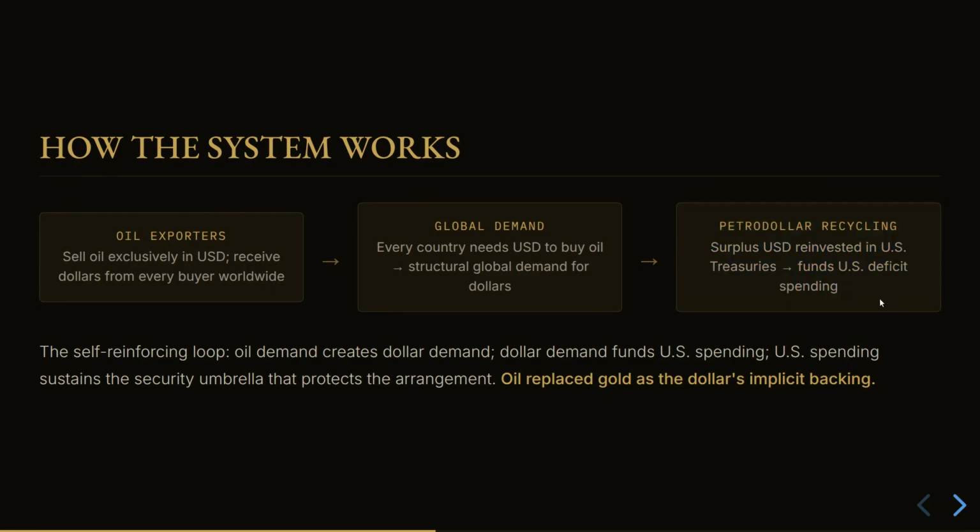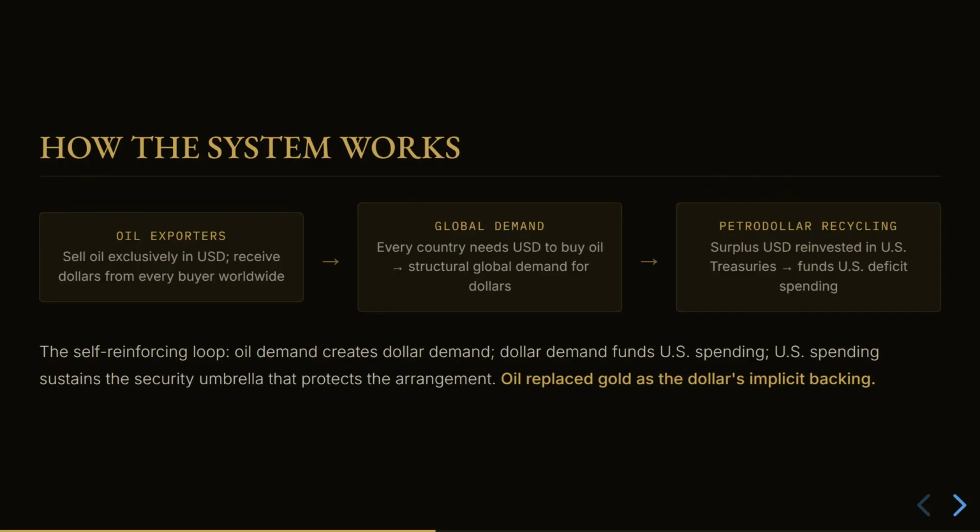So this strengthens the effects even more. Surplus US dollars are reinvested in United States treasuries, funds, US deficit spending, right? So now the United States can print as many US dollars as they want.